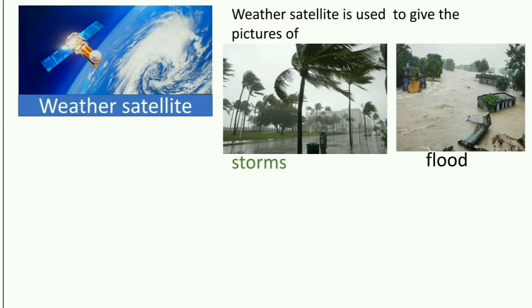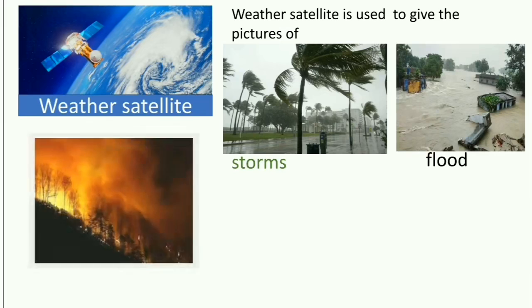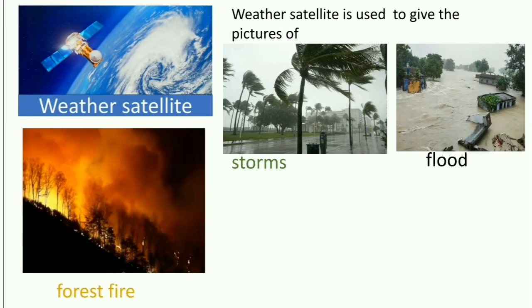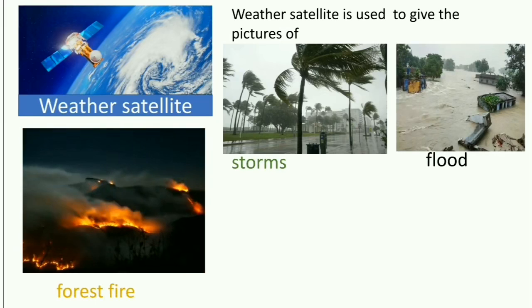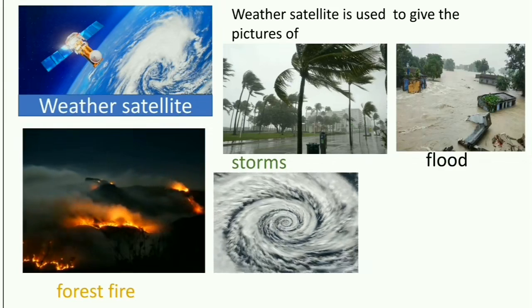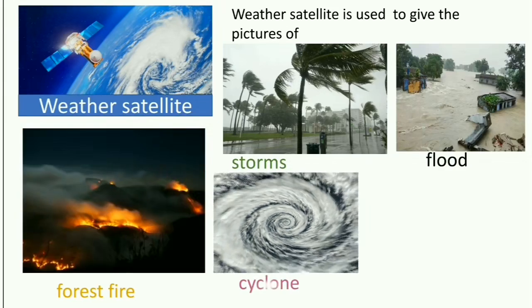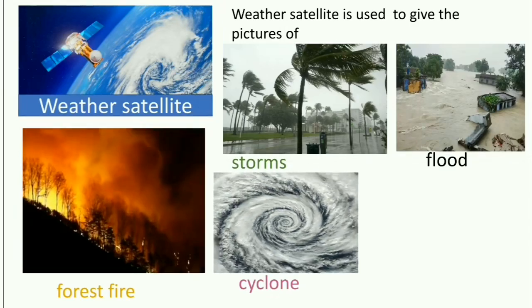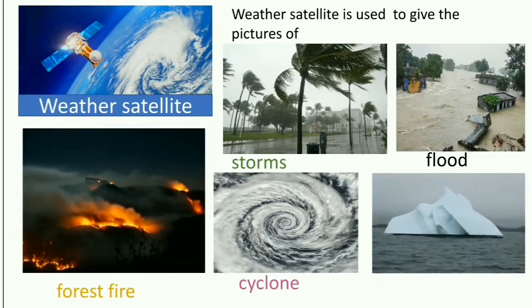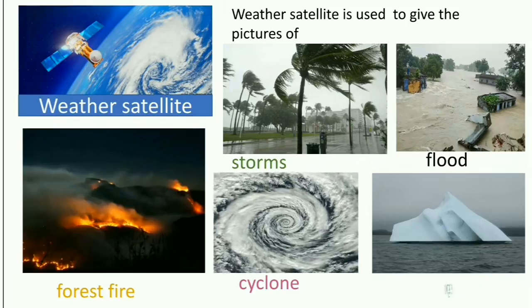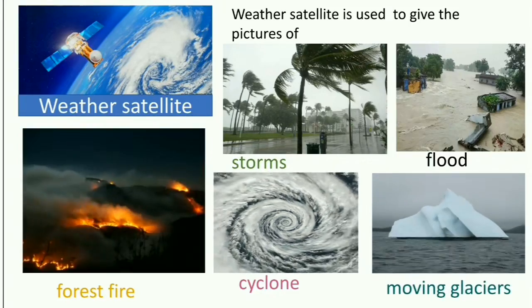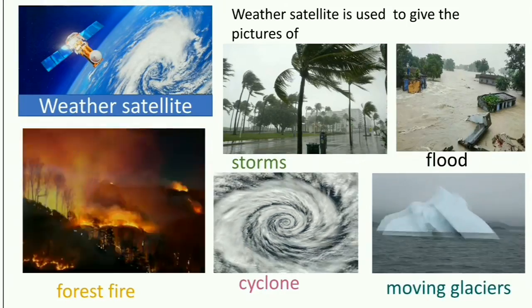This is the picture of flood. Then they give the knowledge about the forest fire. Then they are used to tell us when the cyclone is going to occur. Then they also tell us about the moving glaciers.